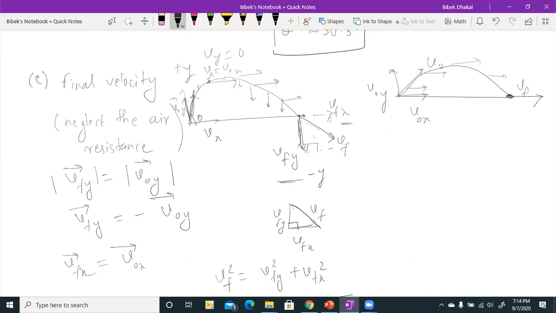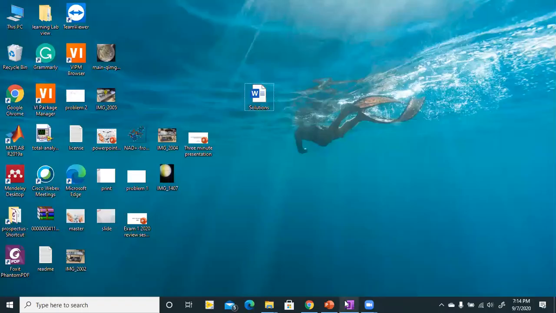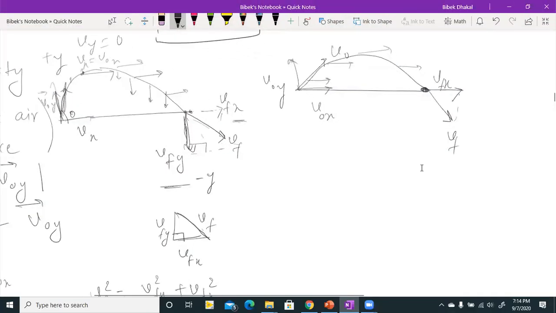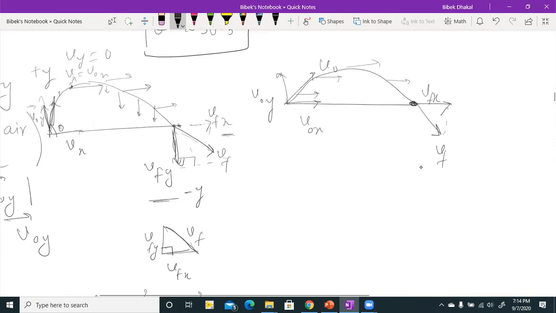So the x component of the final velocity, if you resolve it like this, is always equal to the initial v0x, that is v naught cosine theta. So it's always the same. But the Vy is going to be the V final y, the y component of this final velocity.